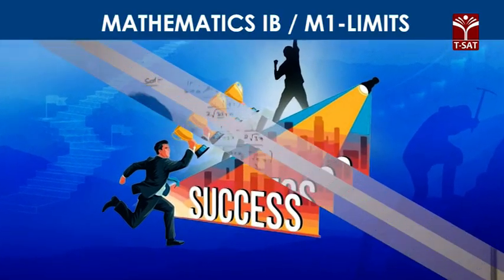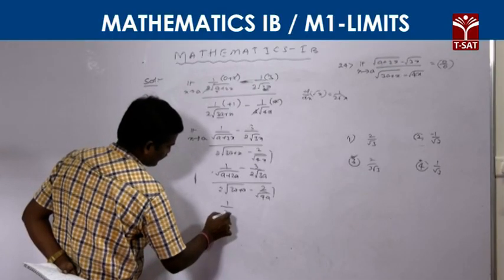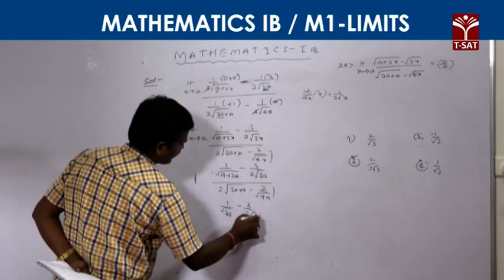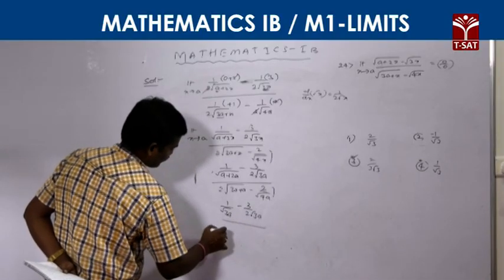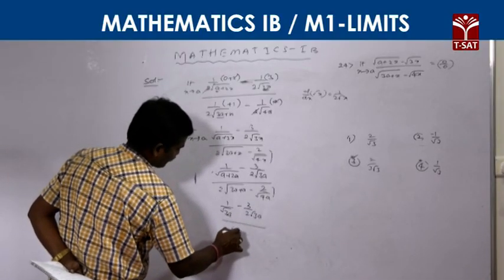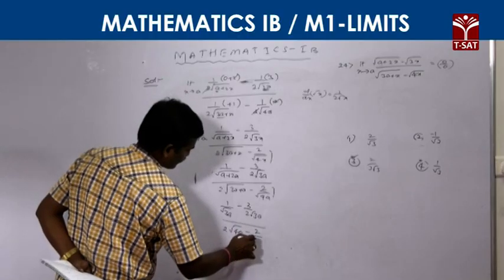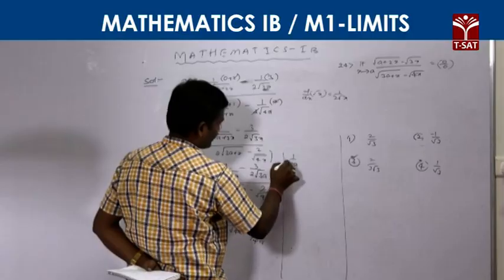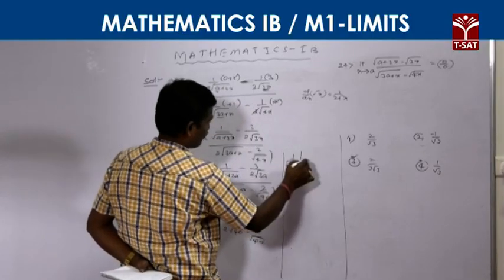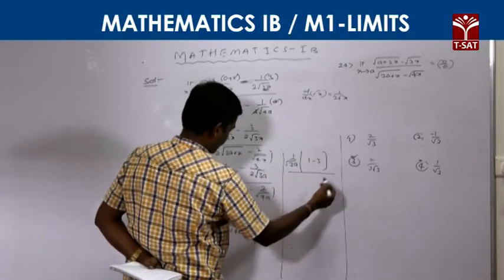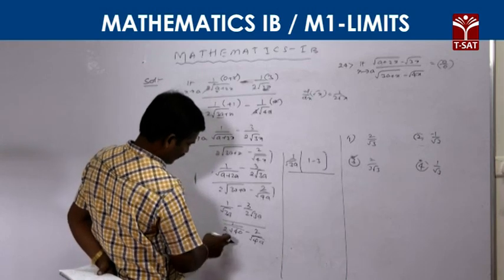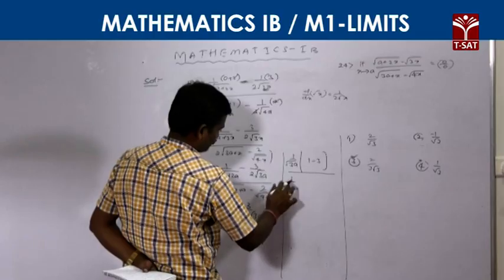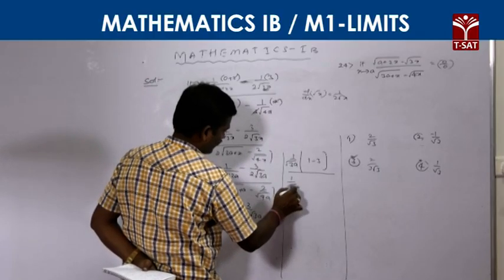In the numerator, 1 by root 3a is common, so 1 minus 3 by 2. In the denominator, 1 by 4 root a is common, it is under root 4a.